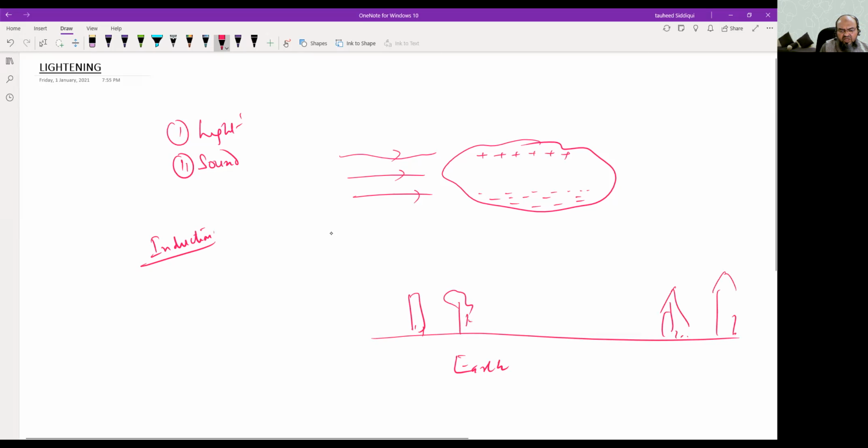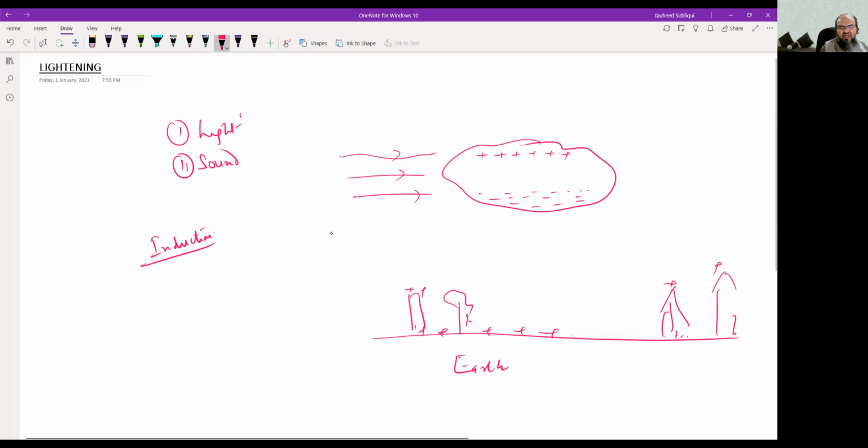And when the electrons are pushed deep into the earth, positive charge builds up on the surface of the earth and the surface of the tall buildings. This creates a potential difference between the base of the cloud and the top of the surface of the earth. So you got the idea that a potential difference is developed between the two things.